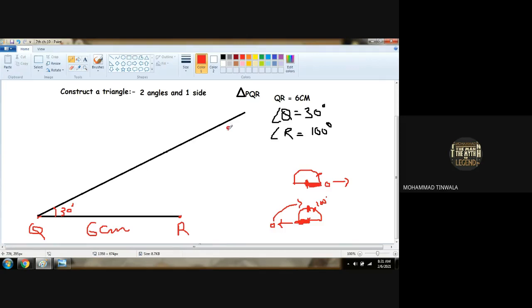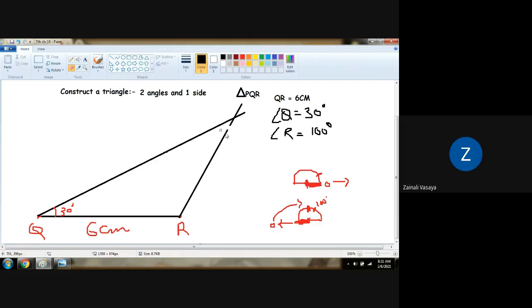Yes, 100 degree is here, but we will take our line segment to more than the point what we got on the extension. Is that clear, boys? Any doubt right here? No, sir.